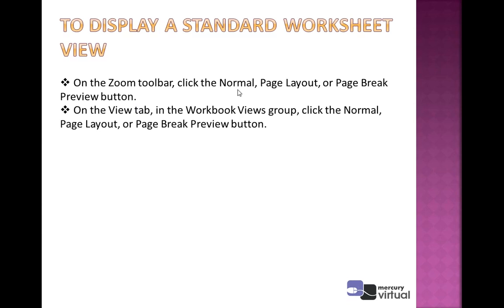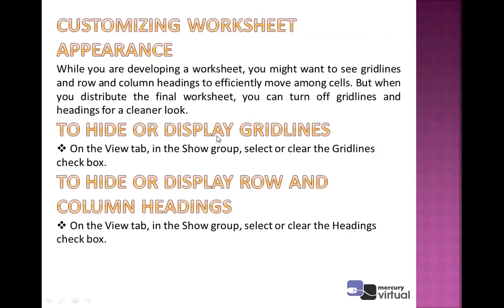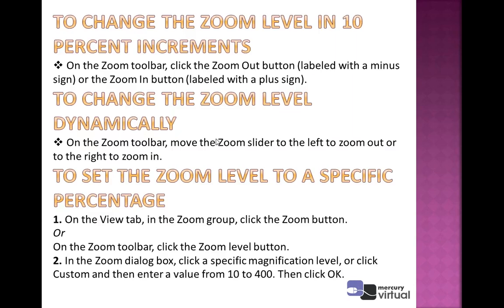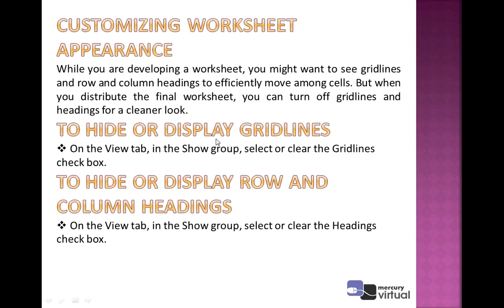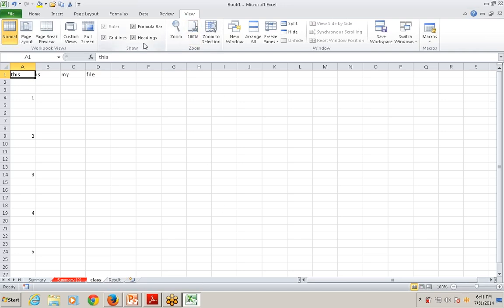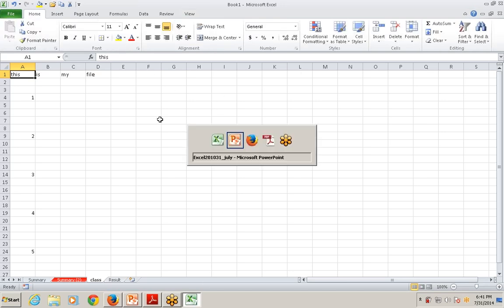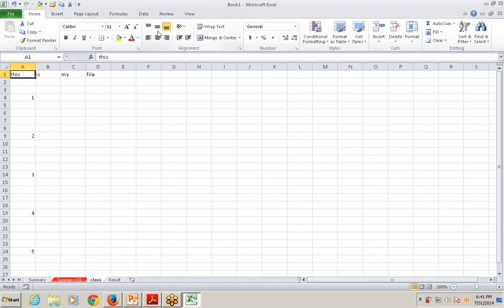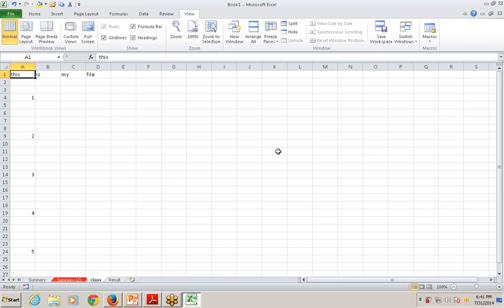You can use either normal, page layout or the page break preview buttons. This is the zoom toolbar, this is normal view, this is page layout view, this is page break preview.